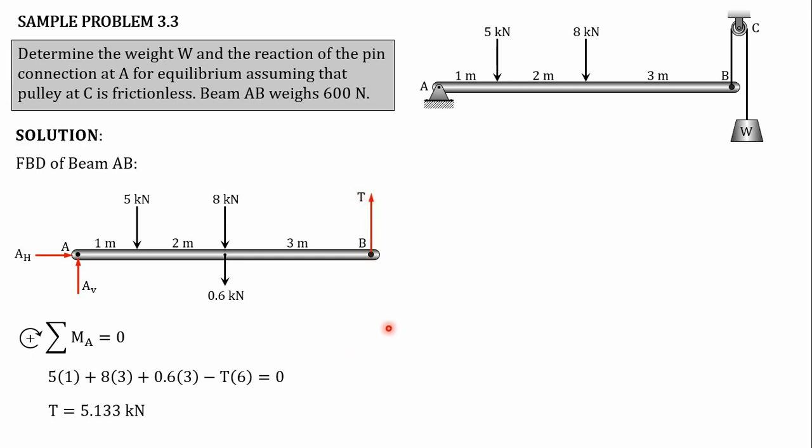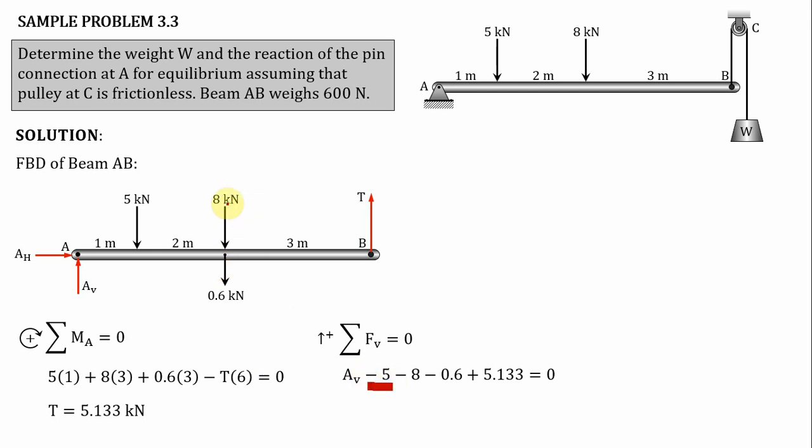Yung gawin natin, class, is mag-summation of vertical forces tayo. Okay? So, summation of vertical forces is equal to 0. And we assume that going upward is positive. Okay? And then, therefore, so AB, that is going up, that is positive. Okay, then 5 kilonewton that going downward, so minus 5.